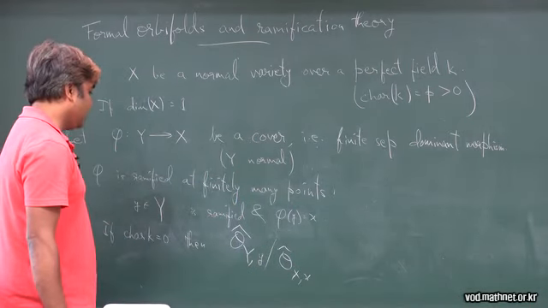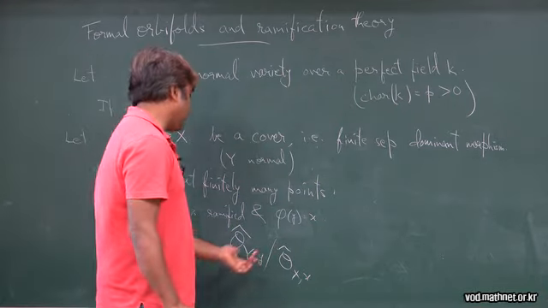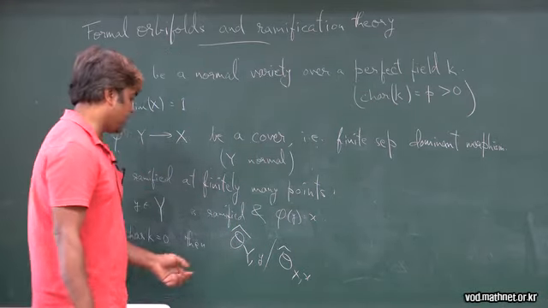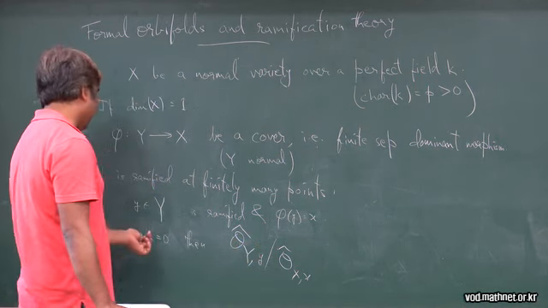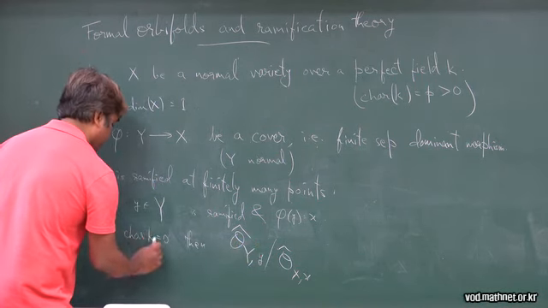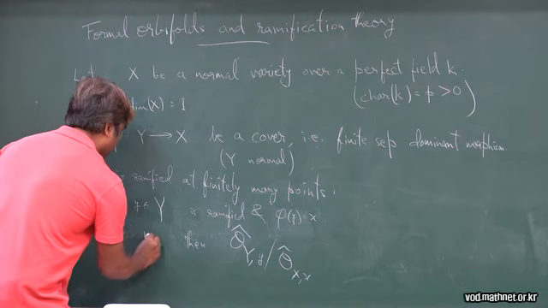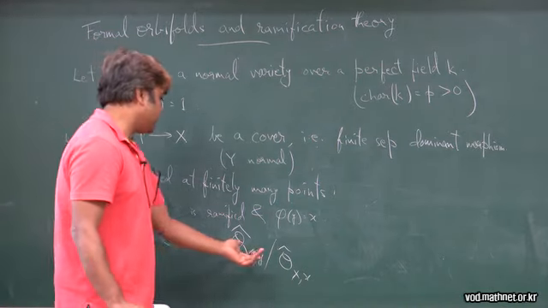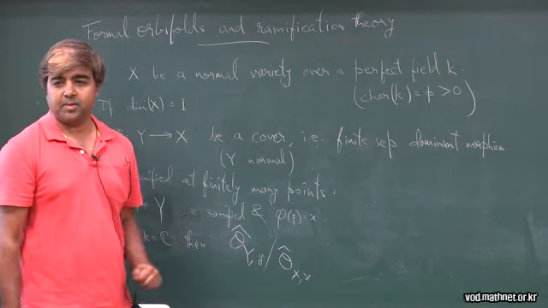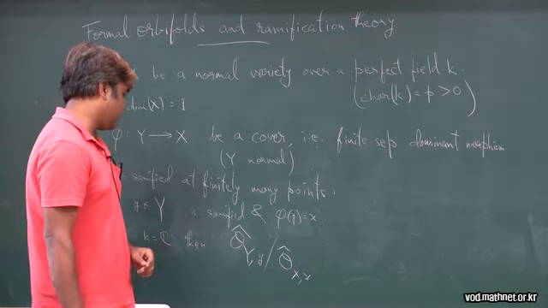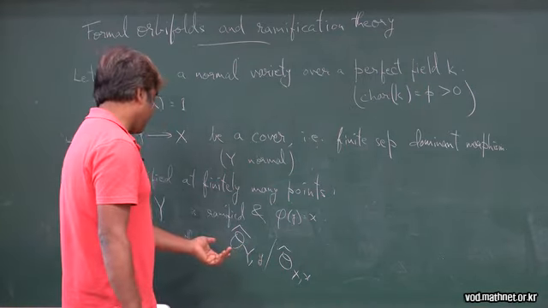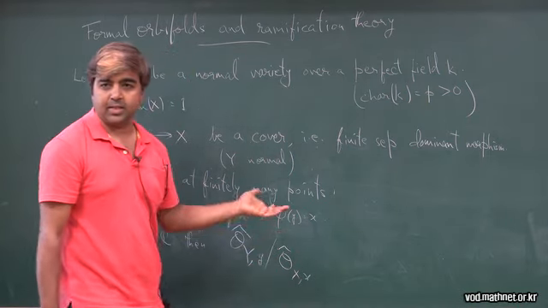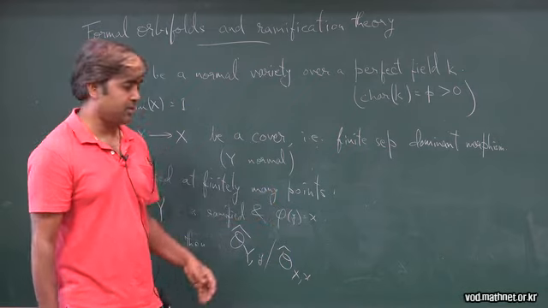This extension is determined by the ramification index. Say K is algebraically closed, so maybe we can also say K is C. This extension is essentially determined by the ramification index. At the level of function fields, it's going to be a cyclic extension of degree the same as the ramification index.